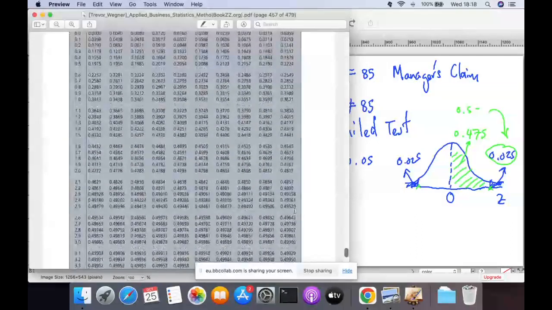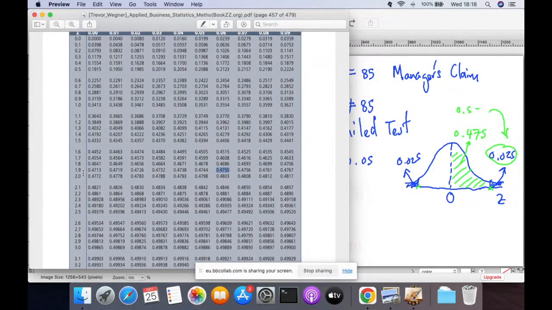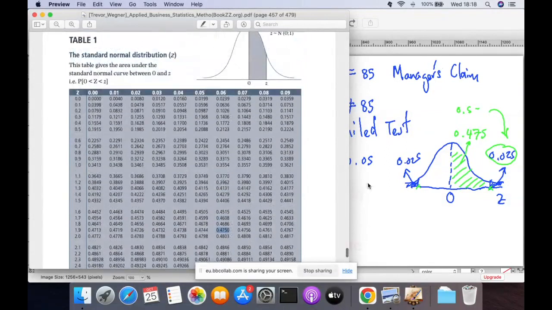There we go. So remember, the area is 0.475. So all we got to do is look in this table for where we find the closest value to 0.475. And it's somewhere around here, 0.475. So the value, your Z value is 1.9, and it matches up with 6 on the top here. 1.96.